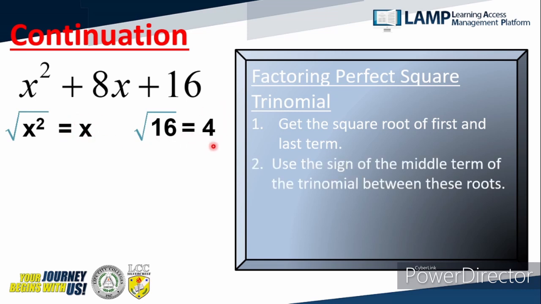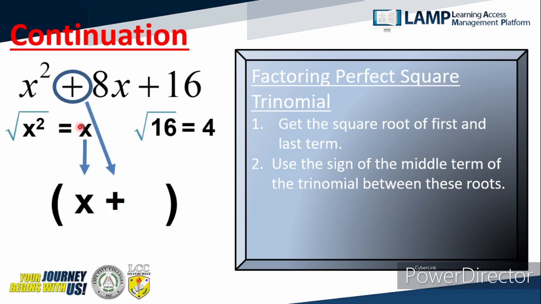Then after, use the sign of the middle term of the trinomial between these roots. In short, we will use the sign of our middle term, which is positive. Then we put the square root of the first term as the first term in our binomial and the square root of the last term, which is 4, as the last term of our binomial.